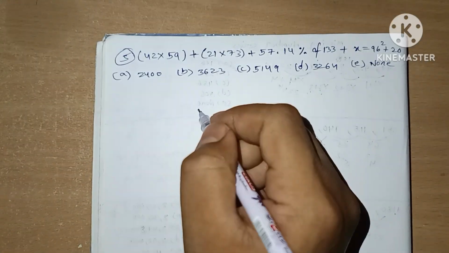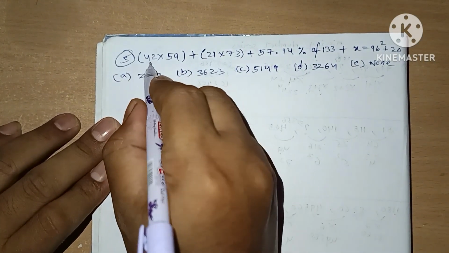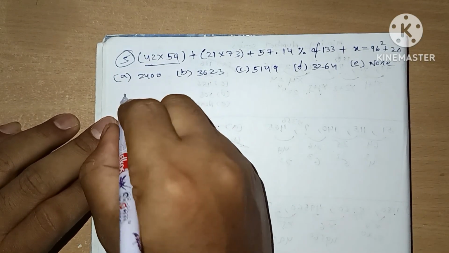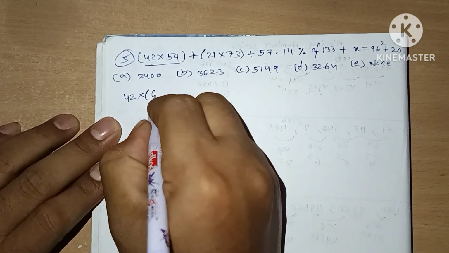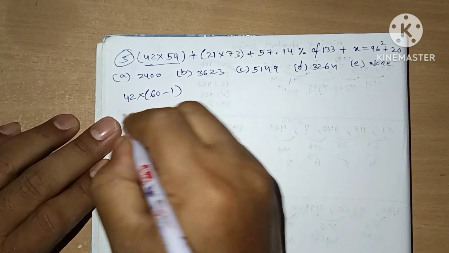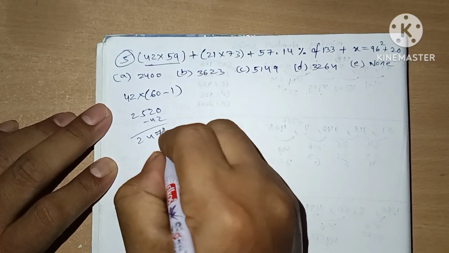Fifth question. In this question, first we need to multiply this one. The difference between these two is not an even number, so we'll go with the shortcut of 42 into 60 minus 1. 62 times 12, 252, 0 minus 42, which will be 2478.